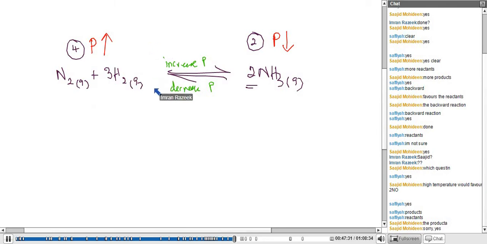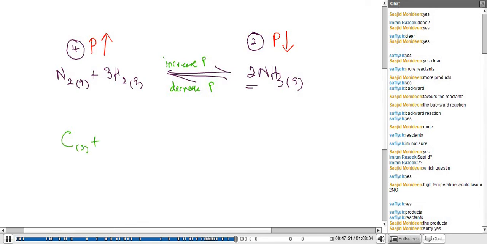So that's how pressure affects it. First count the number of gaseous molecules, identify which side has higher pressure and put P high, P low. Increased pressure will favor the P low side, decreased pressure will favor the P high side.